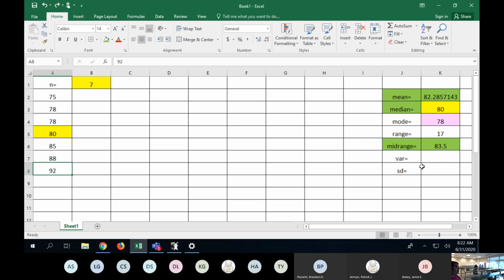Variance. Well, before we start with the variance and standard deviation, I always like to go to the book at this point. Let's see if I can pull up the book.